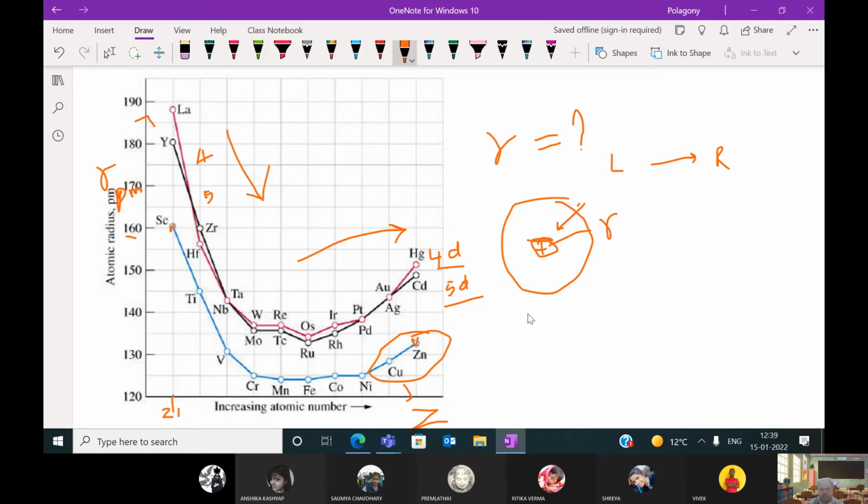If you compare, the f orbital shielding effect is very much less than the d orbital. If I give you the two orbitals, which will shield the nuclear charge more? The d orbital more than the f orbital. Can anybody tell the reason why?